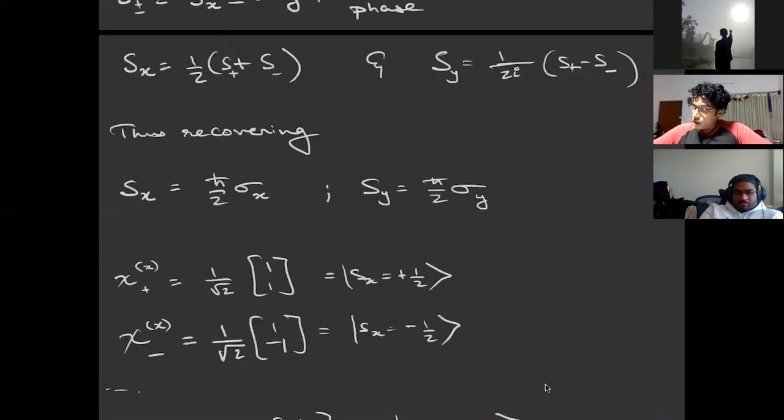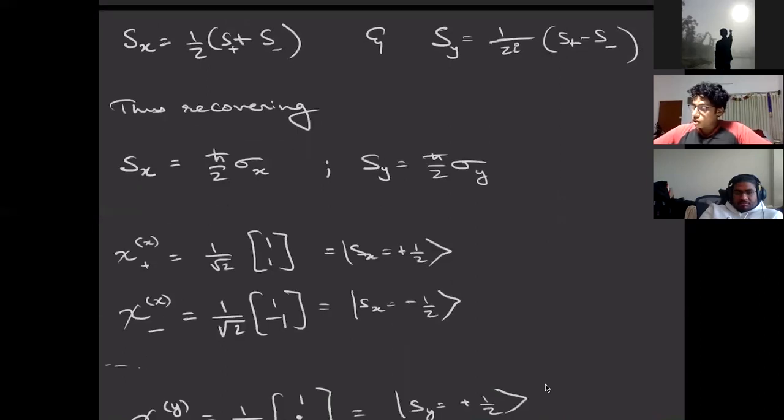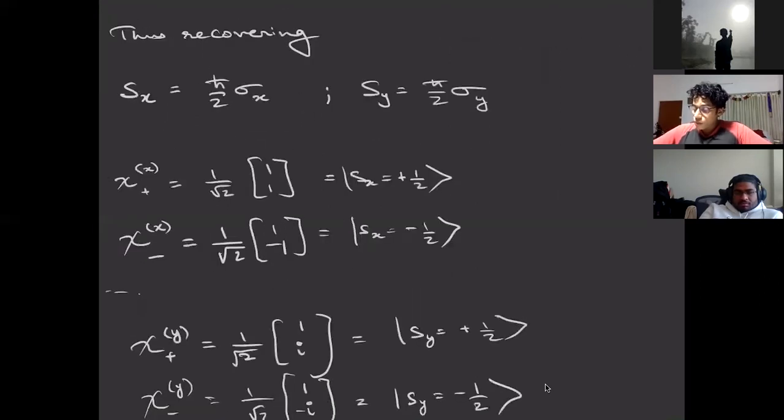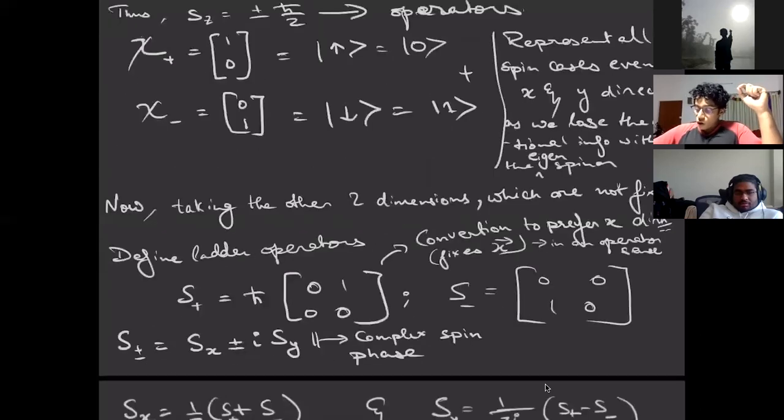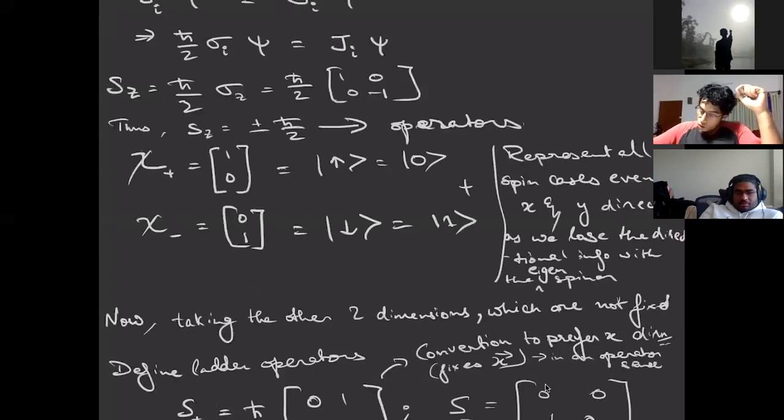So you have this relation. Now your spin, apart from the spinors along the z direction, which to be very precise we can mention z here.